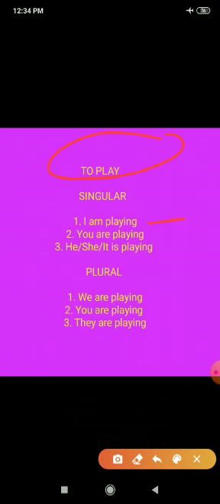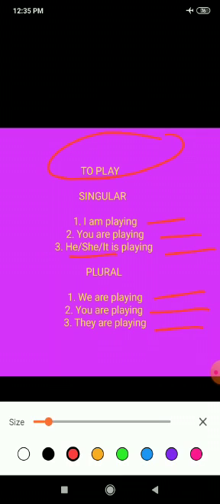I am playing, you are playing, he is playing, she is playing, and it is playing. We are playing, you are playing, and they are playing. This is present continuous tense of verb to play.